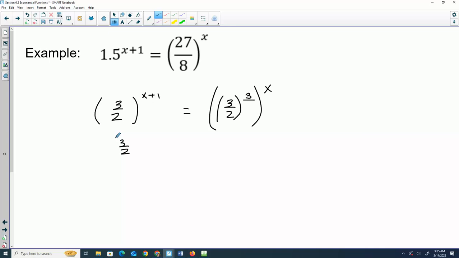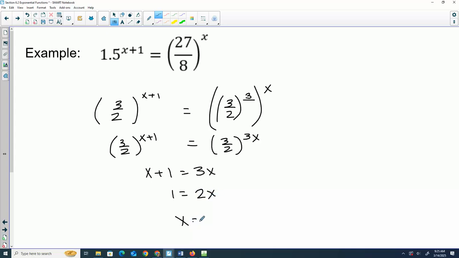So we get (3/2) to the x plus 1 equals (3/2) to the 3x. So if we subtract our x and divide, x is 1/2. All right, so if you have decimals, just turn them into fraction form and work from there. Anytime you need to flip something, you do a negative power.